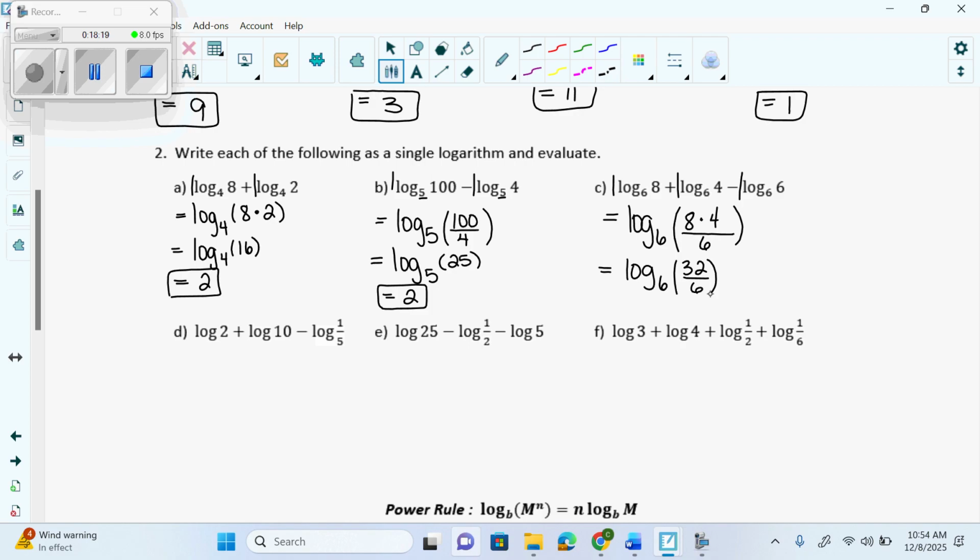So it'd be log base 6 of 16 over 3 is what I meant. 32 divided by 6, which is, I said nearest 10th were necessary, 5.3. If I wanted it in exact values, you'd go log base 6 of 16 over 3. Like you'd reduce it and just write it like that. That's an exact value.